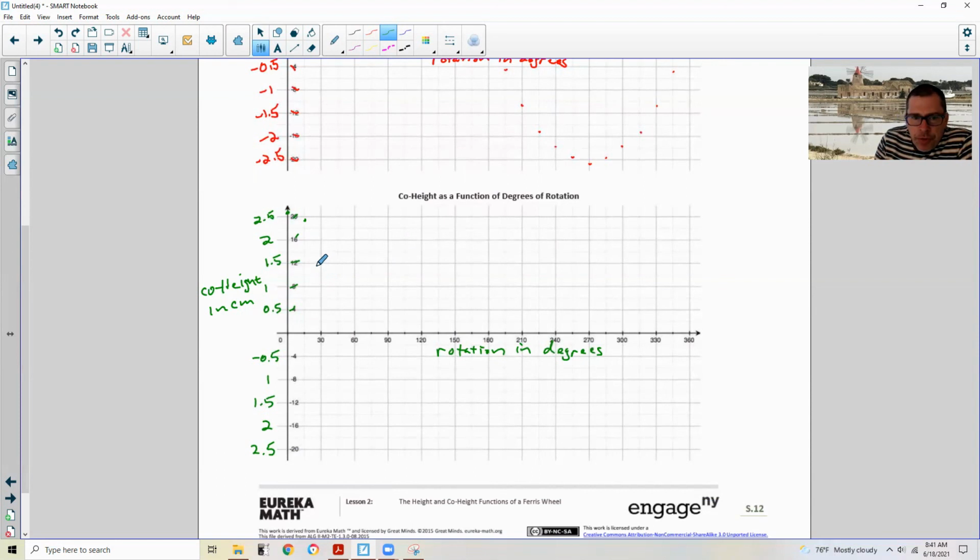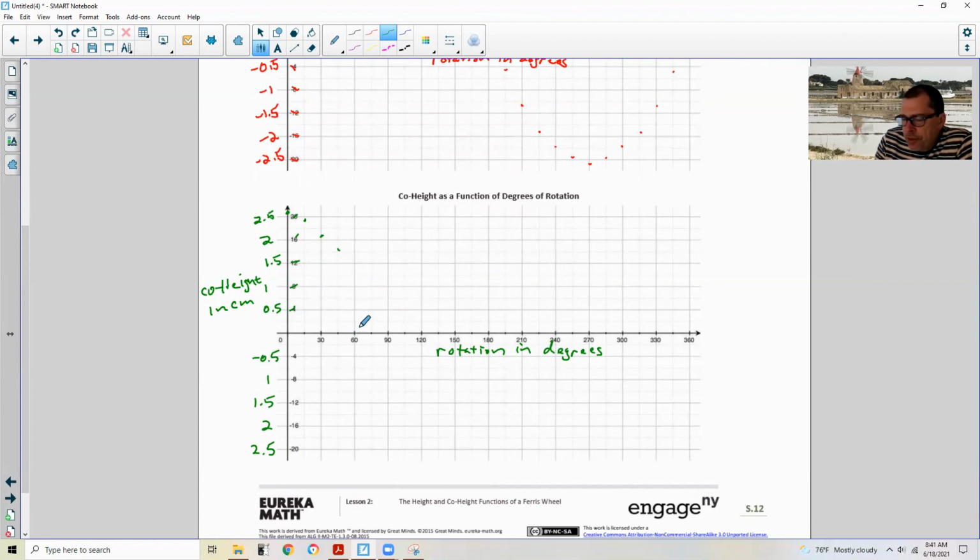At 30 degrees, we were at 2.2. At 45 degrees, we were at 1.8, right about here. That's 1.75, a little higher.